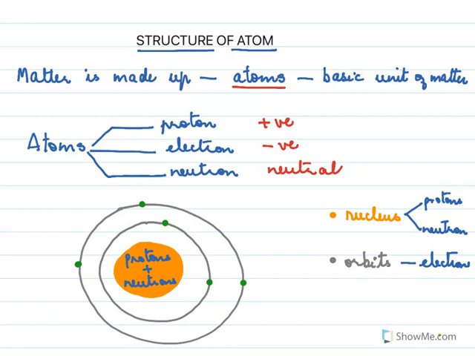If I were to ask you what would be the charge of the nucleus, now you know the protons are positively charged. Hence we can say the charge on the nucleus is positive. So there's another point we need to remember, that charge on the nucleus is positive, or nucleus is positively charged.